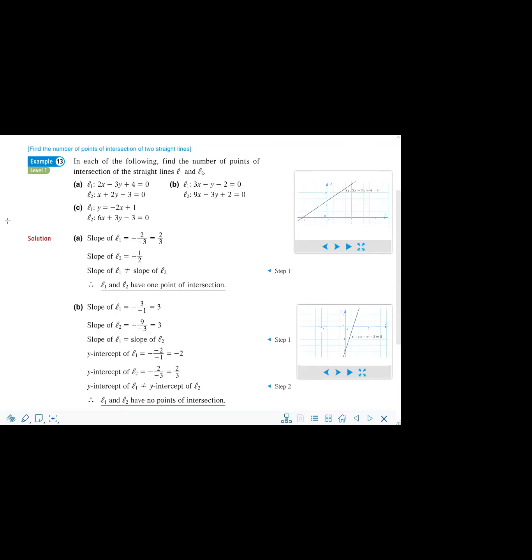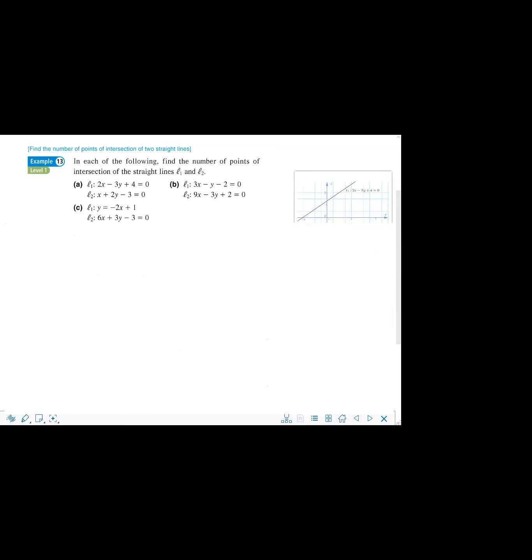So we need to consider the two stages. First, check whether their slopes are equal or not. If they are not equal, then we are done. It's case 1. If they are equal, then we need to check one more thing, their y-intercepts.